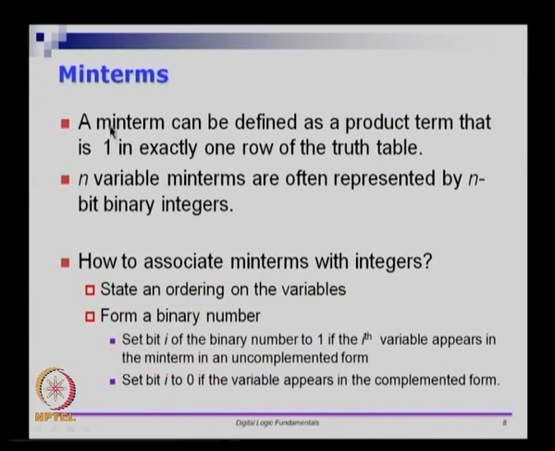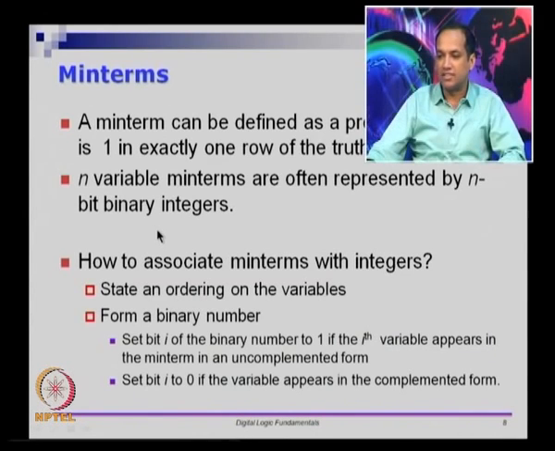So, let us start with the min term again. A min term can be defined as a product term that is 1 in exactly one row of the truth table. Now we will take it to truth tables. Usually you represent an n variable min term using n bit binary integers. Let us see how to get a min term with an integer expression.